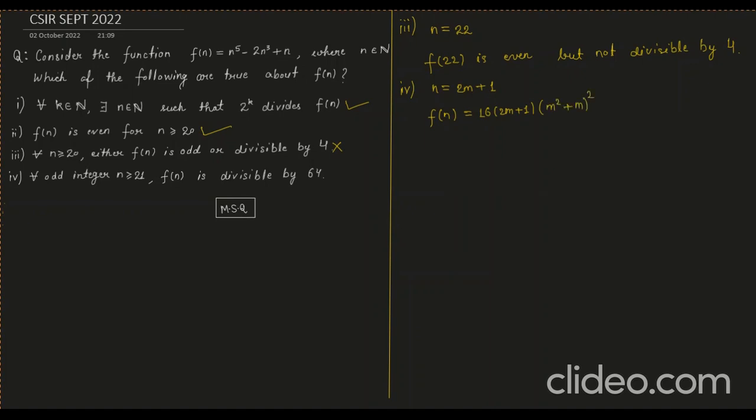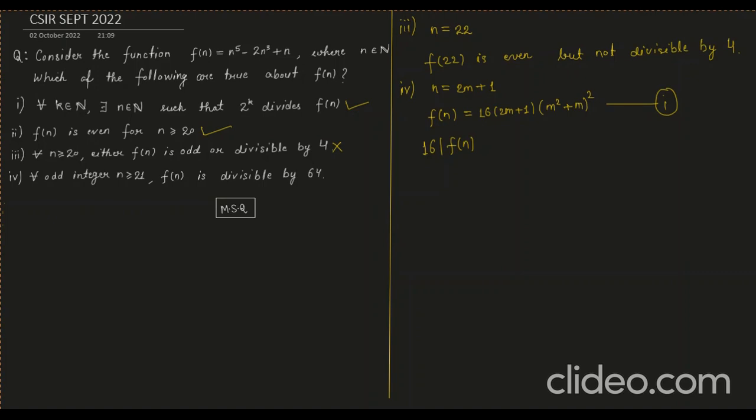So in this case we were asked, for every odd integer n greater than or equal to 21, is fn divisible by 64? From the formula in equation 1, it is very clearly 16 divides fn, right?